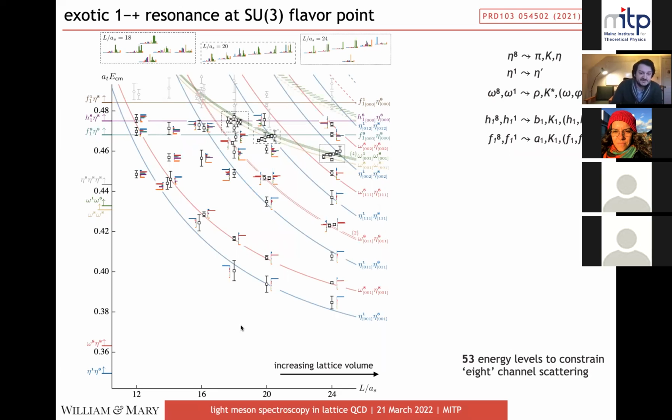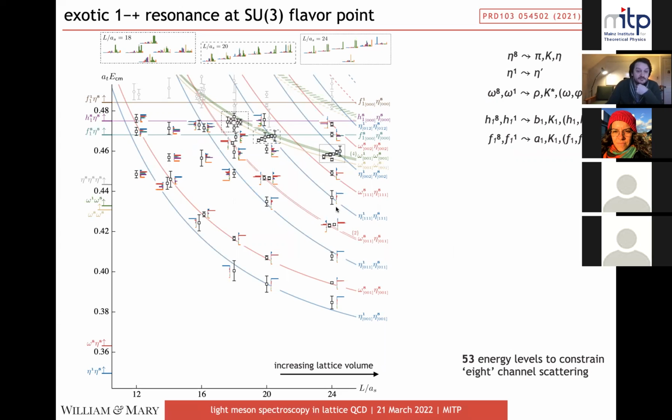In this case, we're just using the rest frame for reasons I can explain if you ask, but we're doing so at 6 different lattice volumes. Each of these points is going to serve as part of a constraint on what turns out to be an 8-channel scattering matrix. So this is a rather complicated multi-channel scattering problem.